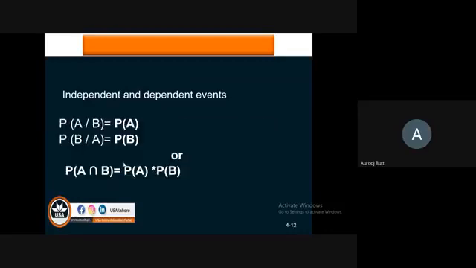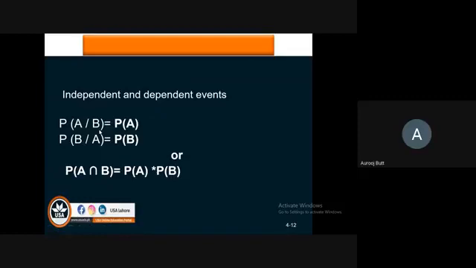For independent and dependent events, probability of A given B means that event B has already occurred, and because of that event you need to find the probability of event A. In case of independent events, that will be equal to the probability of event A. That means B के अकर करने से A को कोई फर्क ना पड़ता हो.